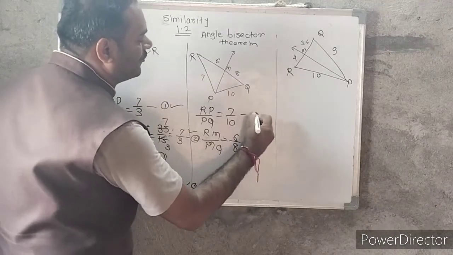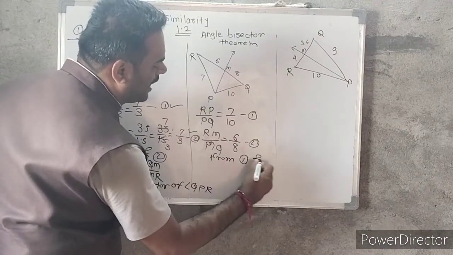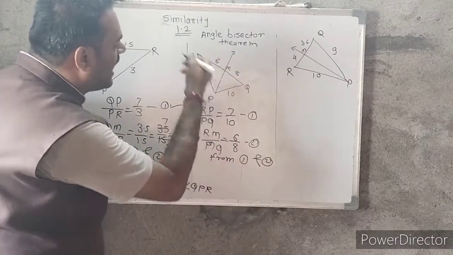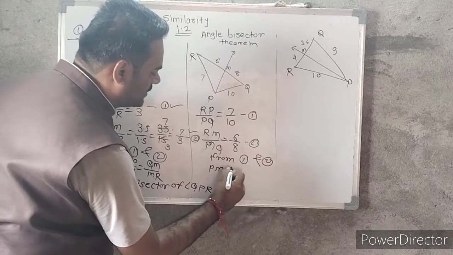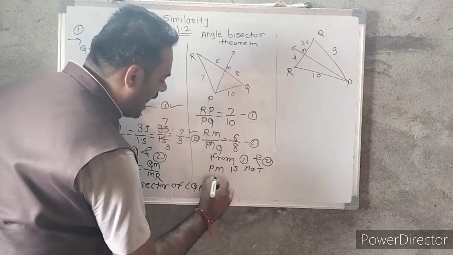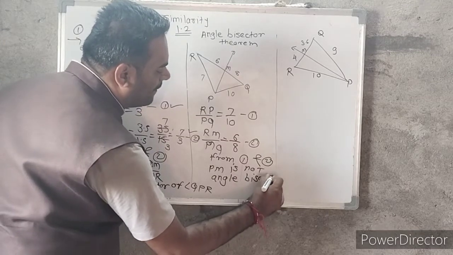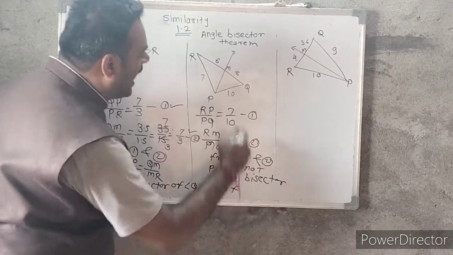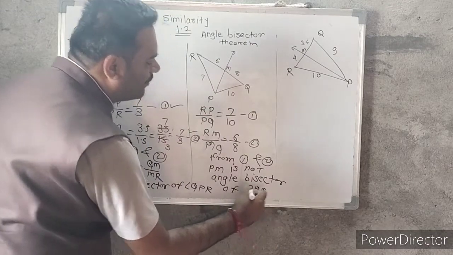So you have to write that from 1 and 2, you can say that PM is not the angle bisector of angle RPQ.